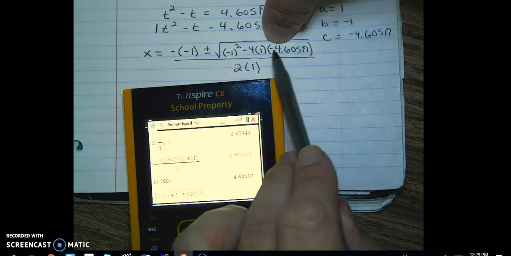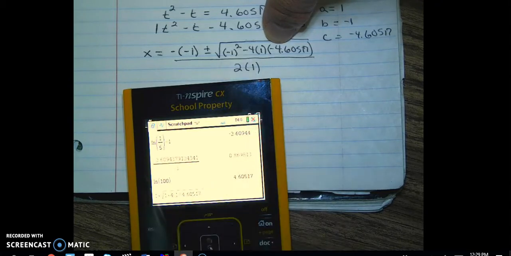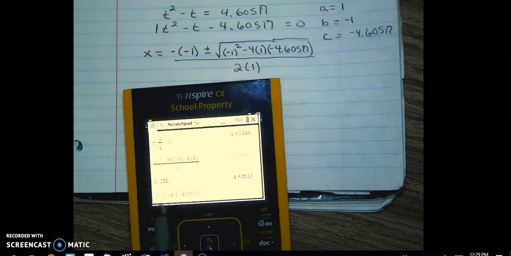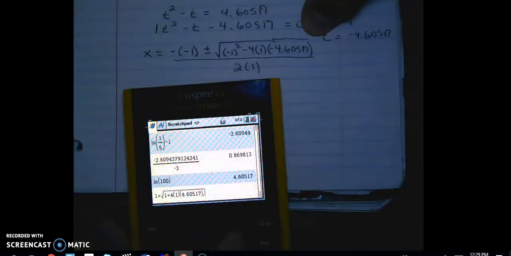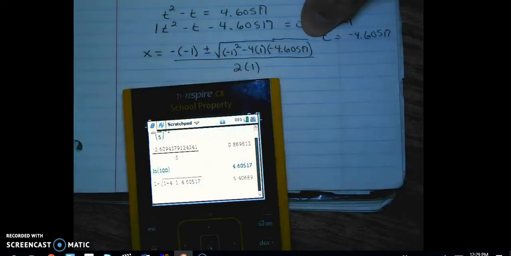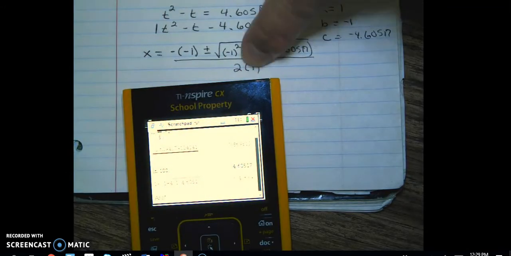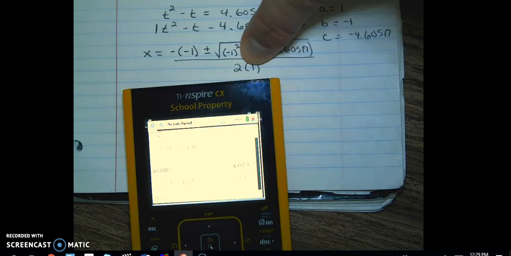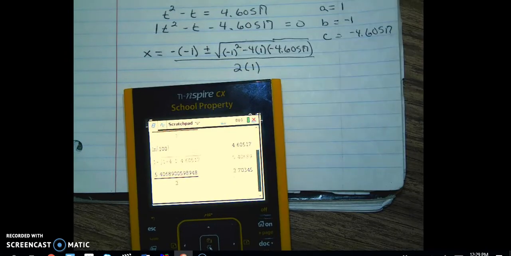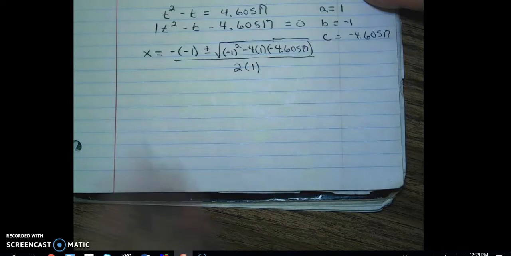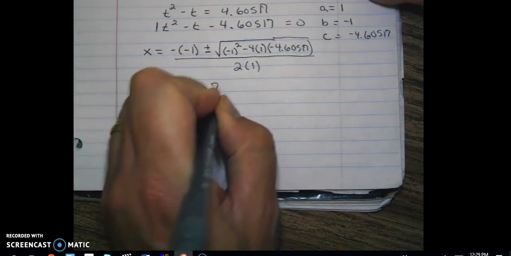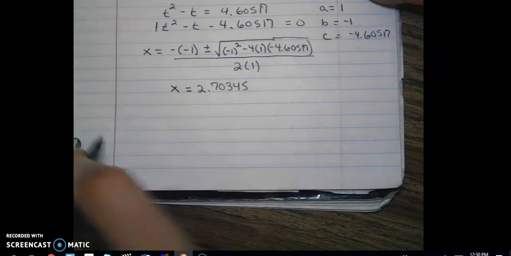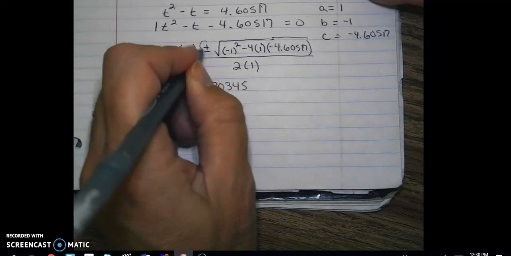Remember, I took this negative and made it plus. And enter. And we're going to divide that by 2 times 1, which is 2. And so we get 2.70345.